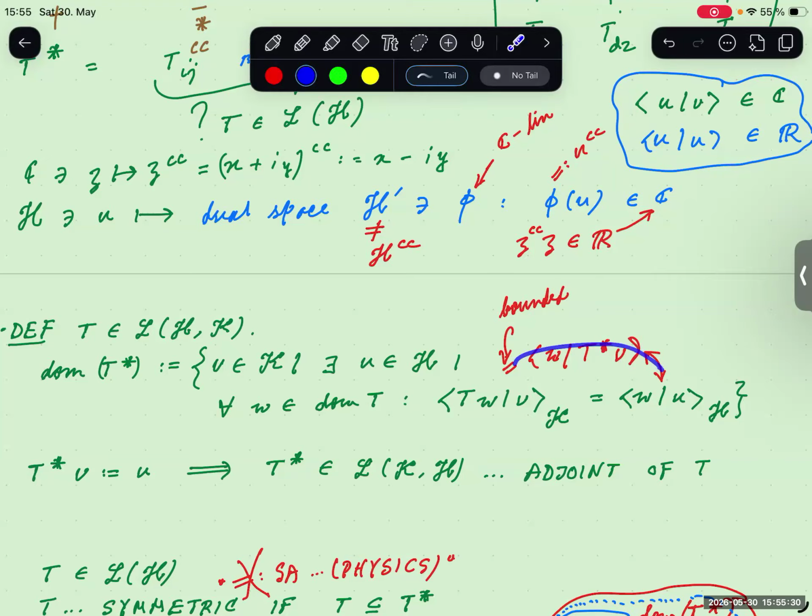But in this case, we don't know a priori where TW is. So what we do is play the other way around. We do not know, but we know at least that the adjoint acting on some element of K will be an element of H, of course. And that element, in inner product with W, must be close to that. That's the property we know. Once we know that, then we say, aha, this is precisely what we are looking at.